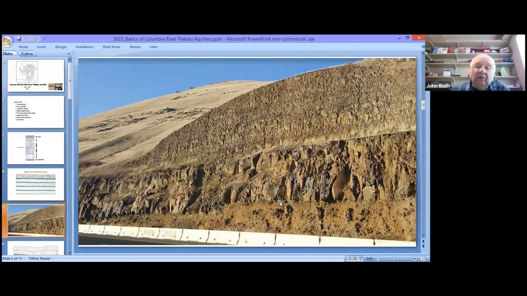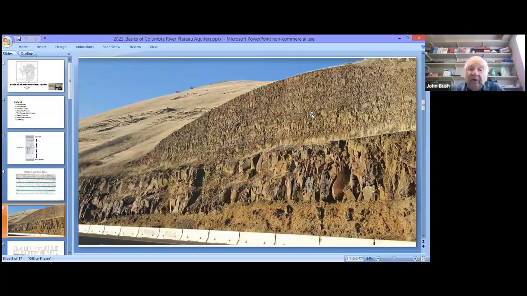Now, as you go up in this overlying flow, see where they cut back the bench here. Sometimes in the field, in fact, I'd say a lot of times, it's common for there to be a break between the columnar configuration on the bottom and the columnar configuration on the top. And here we have this center part of the flow heading towards the top. The center part has all these columnar joints.